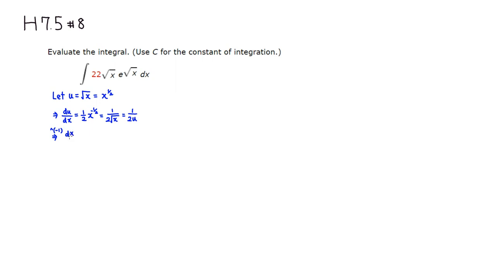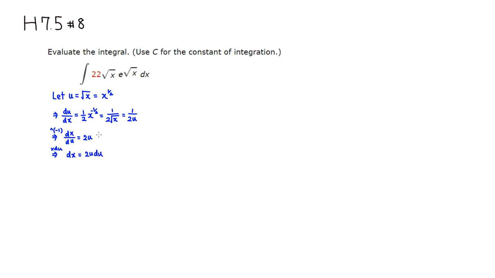We have dx over du is equal to 2u. Then we can just multiply both sides by du, so we have an expression for dx. dx is the same thing as 2u du.